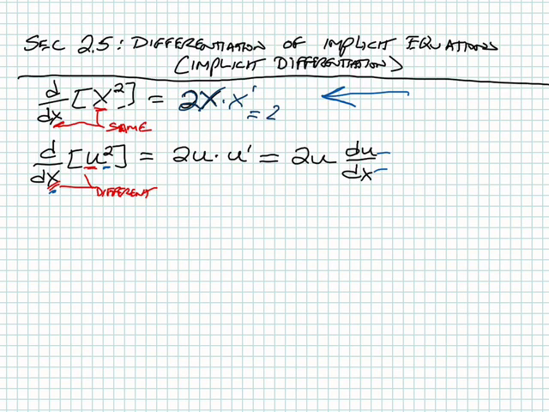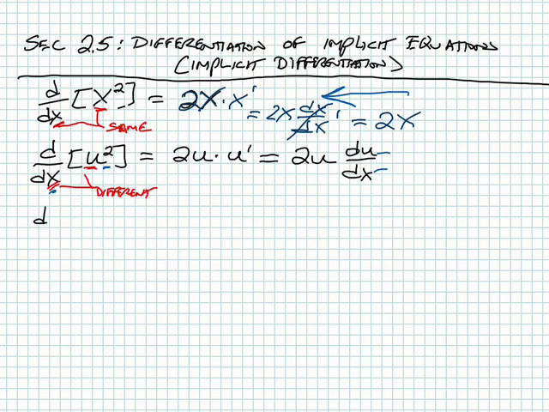But x prime is going to be dx dx. And dx is just 1, and so that's why we write it as just 2x. But technically speaking, you're using the chain rule whenever you're taking derivatives. Okay, let's do another one.